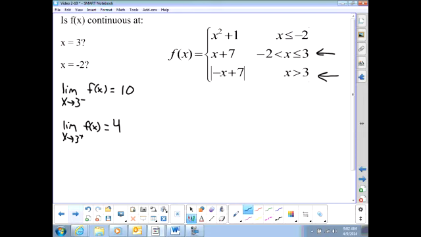Since the limit from the left is 10 and the limit from the right is 4, our limit as x approaches 3 of f of x does not exist. If the limit does not exist, it cannot be continuous there. So we are not continuous at x equals 3.